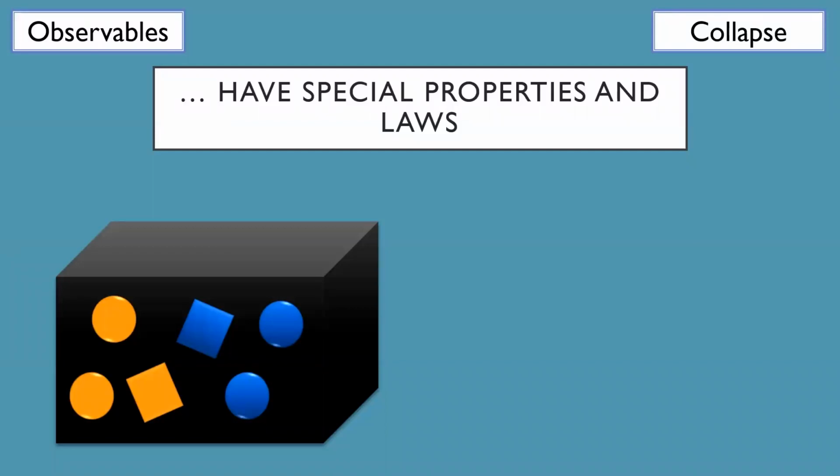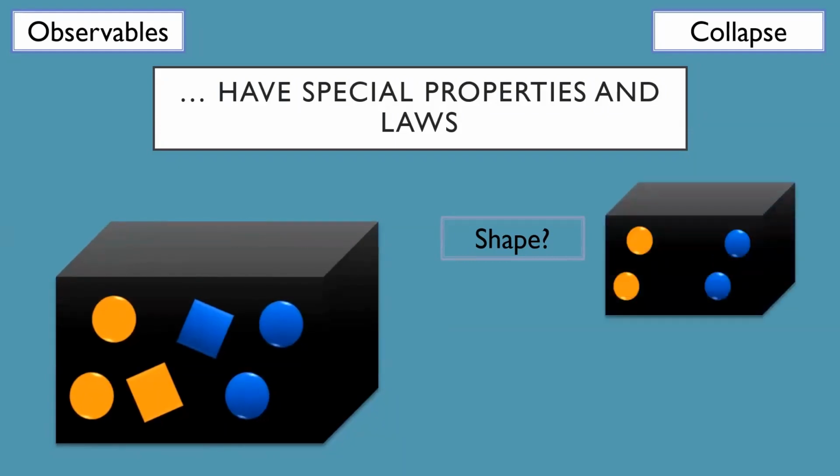So for example, if we have an object that has many properties at the same time, for example, shape and color, you have to specify what questions you are posing. And this influences your measure. You're observing the object. For example, in this box, if we ask what are the shapes of the objects in this box, so let's imagine this box is a quantum object, we have our observing and then we have a collapse.